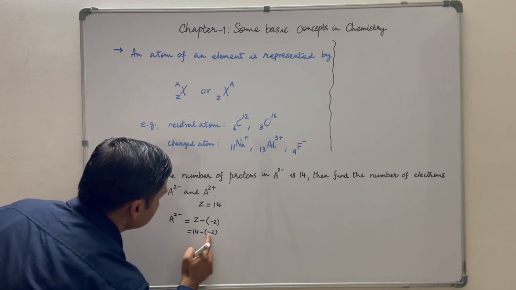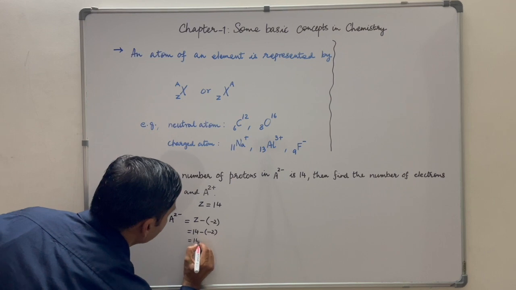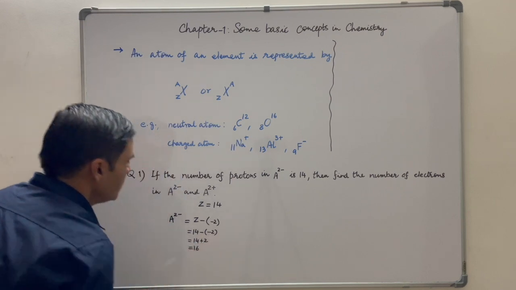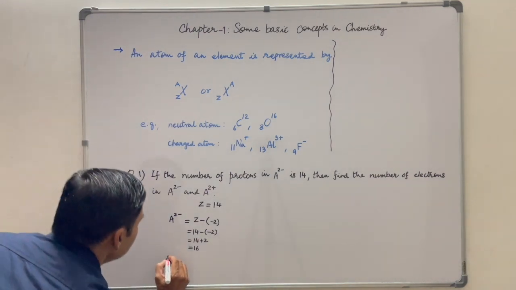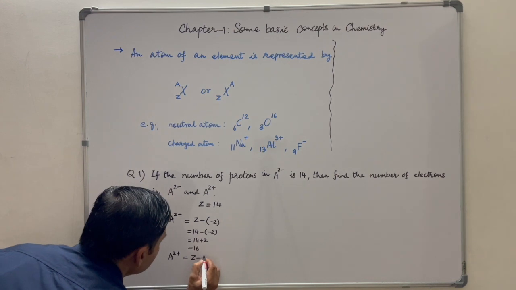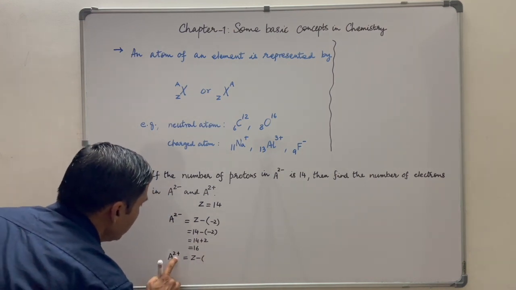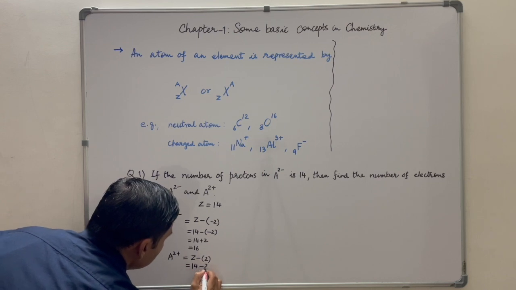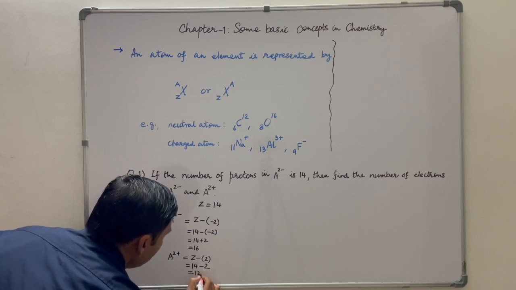Minus into minus is equal to plus. So it will be 14 plus 2 and that is equal to 16. Similarly, number of electrons in A2 plus will be equal to Z minus charge on atom, that will be plus 2. Z is 14, so 14 minus 2 will be equal to 12.